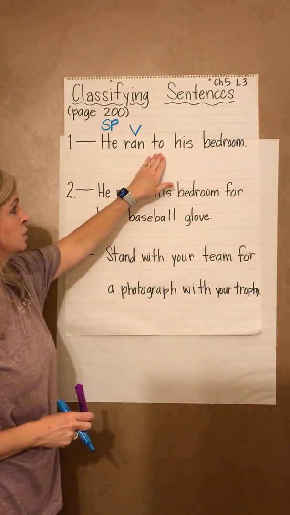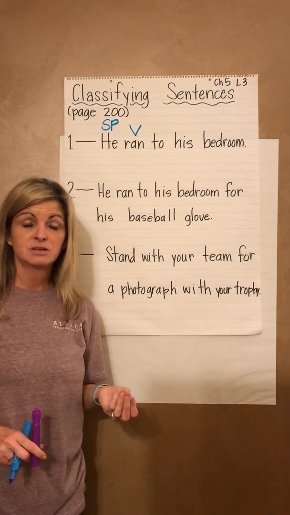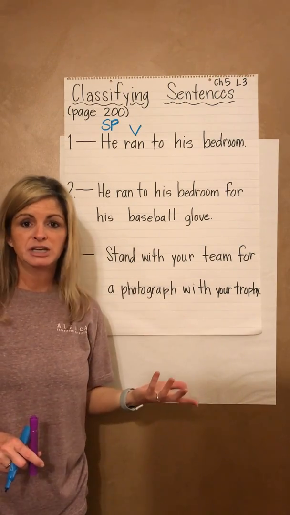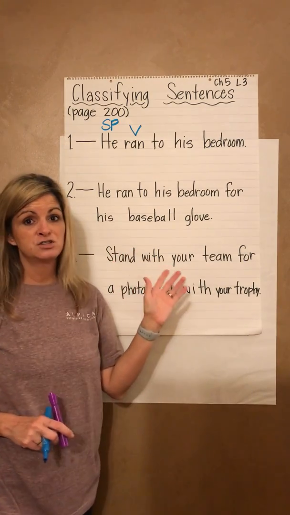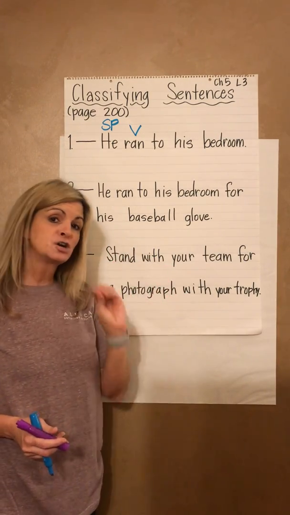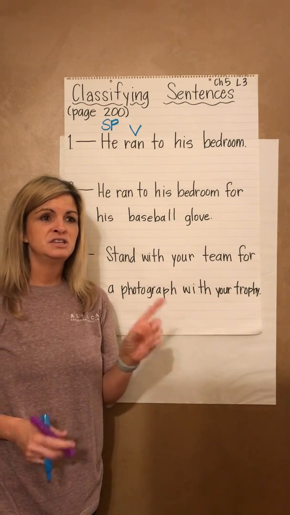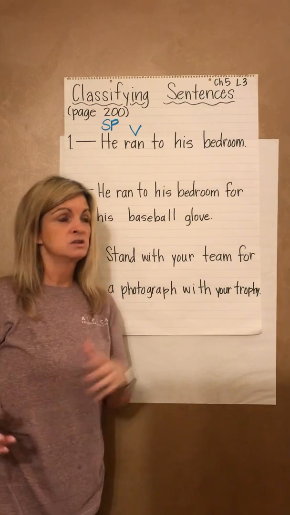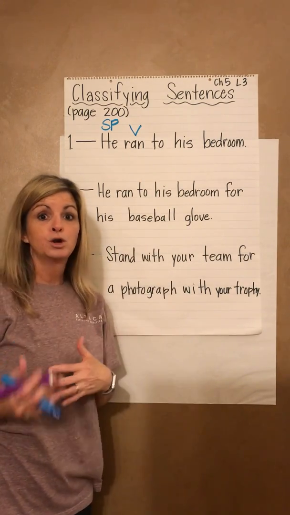Our next word that we come to is the word to. And that word can be an adverb sometimes, but it can also, and usually is, a preposition. And so we have to just assume for a minute that it is a preposition. But first, before we label it, we want to go ahead and ask the question, is there a word after that word, to, that can answer the question, what or whom?